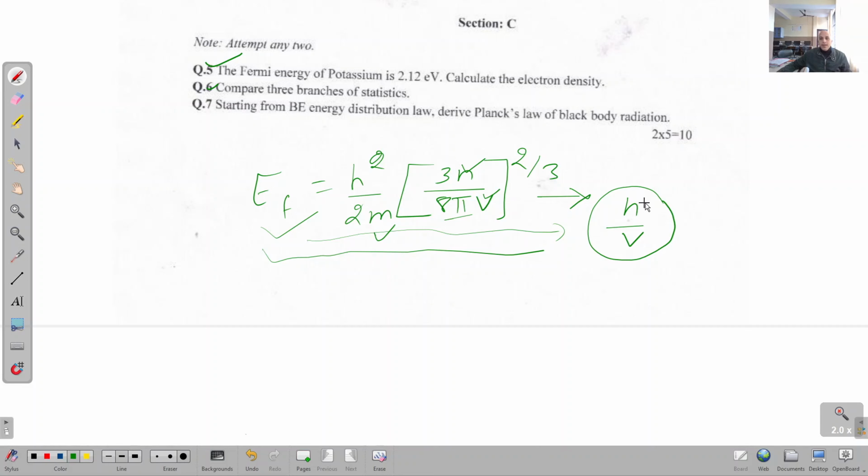Clear? So here we are asked to calculate this n upon V in case of potassium, and you are already given that the Fermi energy of potassium is 2.12 electron volt, right? What is the atomic number of potassium? Z is equal to 19. Clear? So now we will start solving this expression.